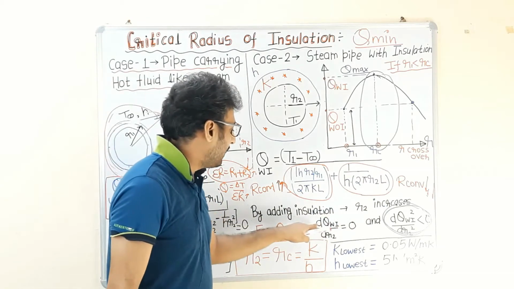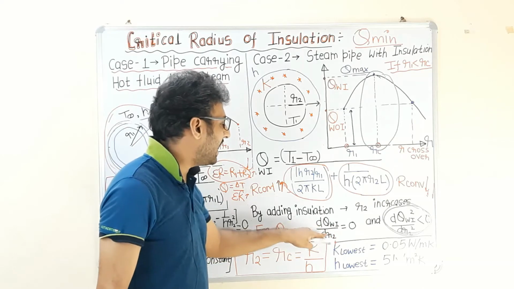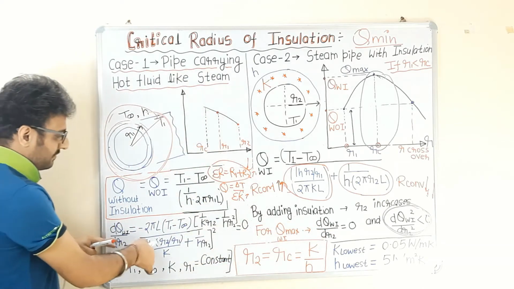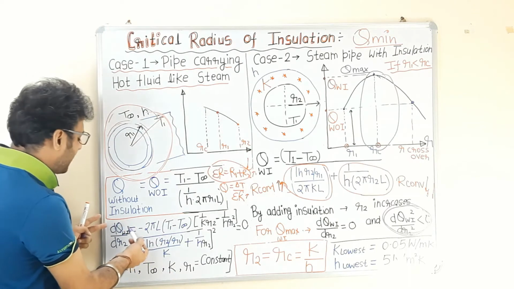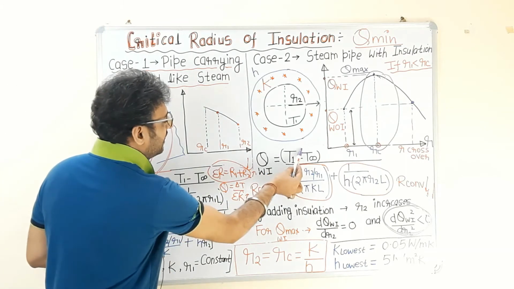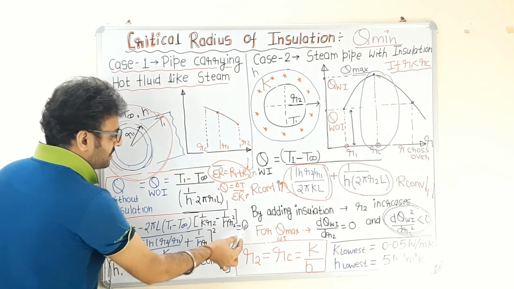So dQ upon dR2 is given like this. This is basic mathematics where we have differentiated this expression with respect to R2 and equated it to 0.